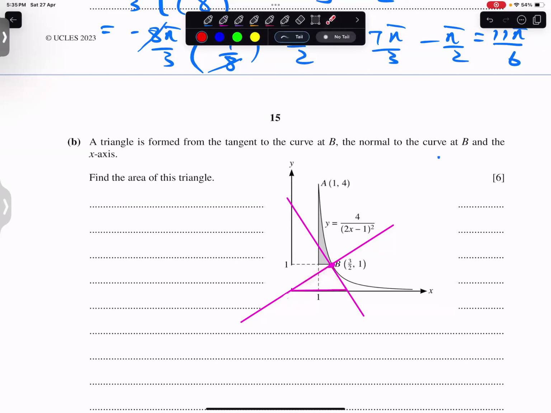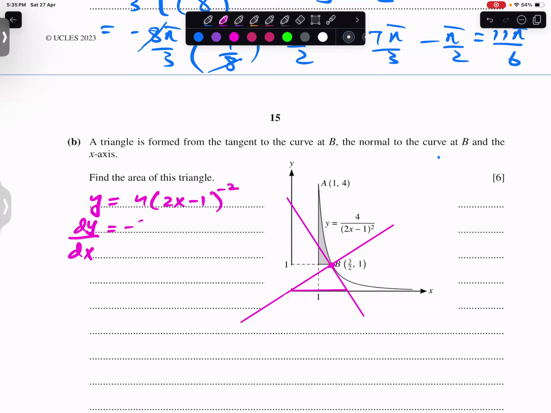Okay. So my function is y equals 4 times (2x minus 1) to the power minus 2. Ahmed, look carefully, what is the derivative dy/dx? -8 times (2x minus 1) to the power minus 3, into 2. So the derivative will be minus 16 into (2x minus 1) to the power minus 3.